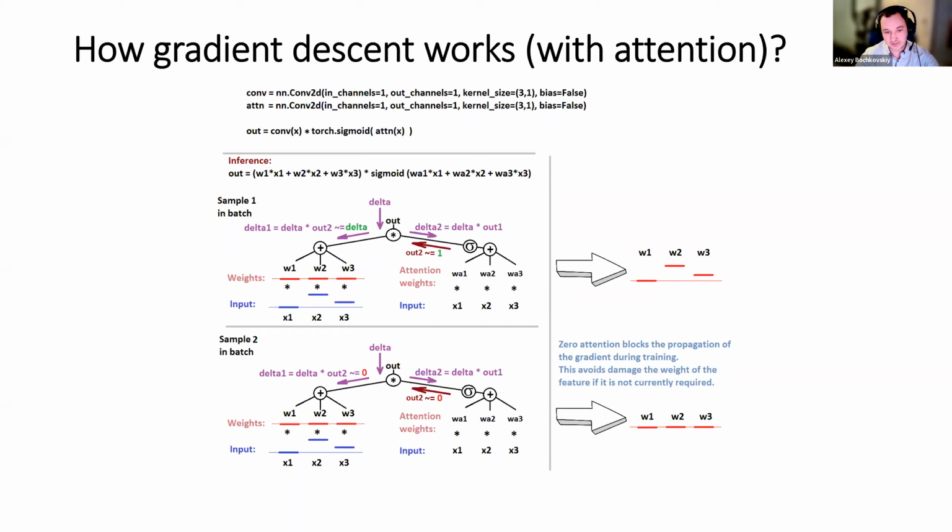But if attention is 0, then it blocks the gradient. So in this case, it doesn't spoil the weights. If a feature is not necessary, attention blocks this feature and blocks gradients, so this gradient will not spoil the weights. In this case, a neural network with attention has high capacity because unnecessary signals don't spend this capacity.